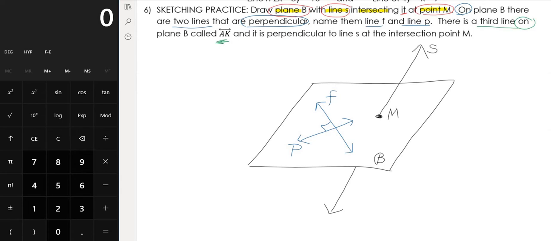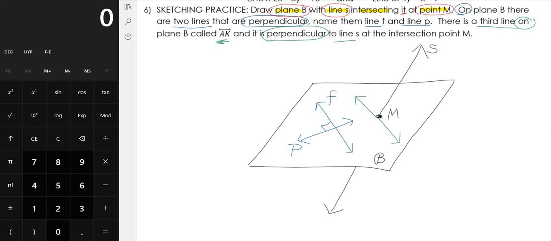This third line is perpendicular to line S at the intersection point M. Okay, so my last line, I'm going to draw it on this plane B, but it has to cross this intersecting line S and form a right angle. So I'm going to put a line like this, because I just want to give myself some space and not have it overlap.